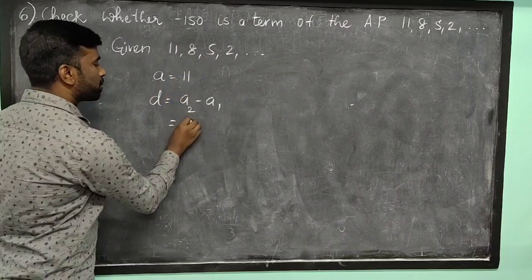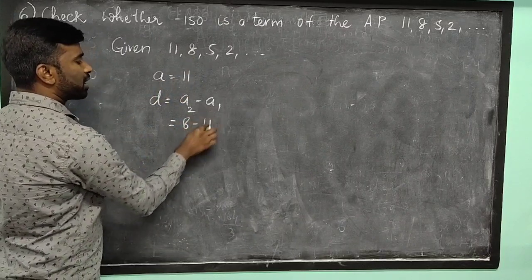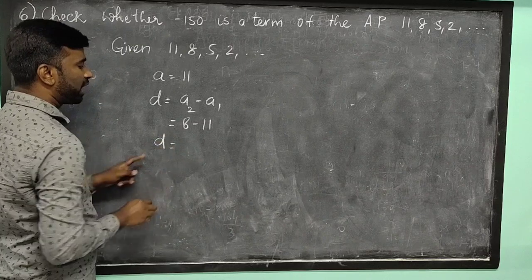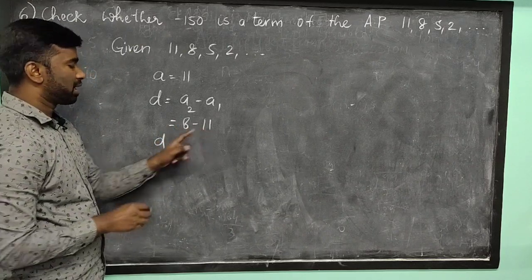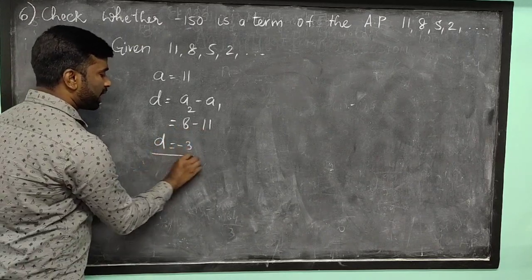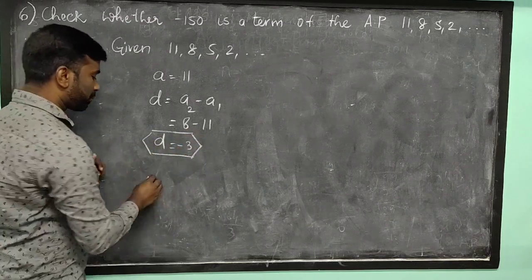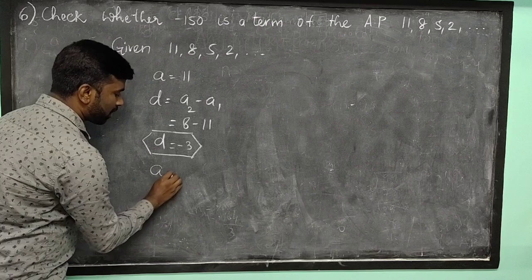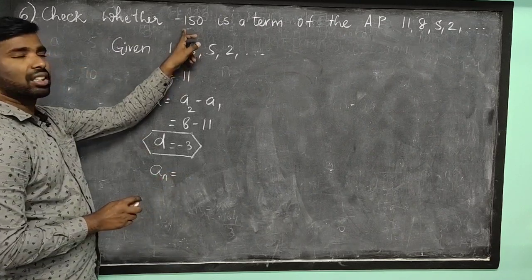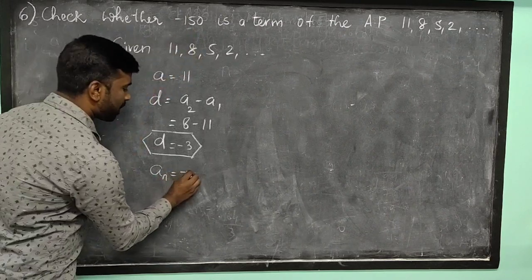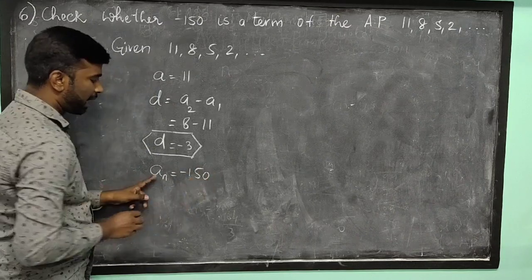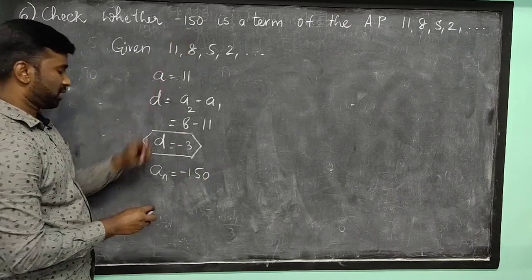That is 8, minus a1, which is 11. So d equals 8 minus 11, which is minus 3. Now what is the last term, or nth term? We should consider this as the nth term, that is minus 150.